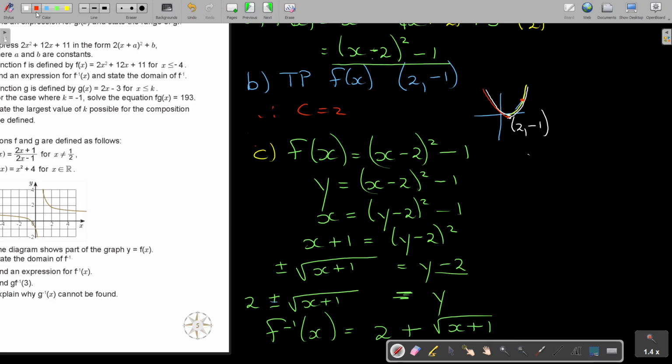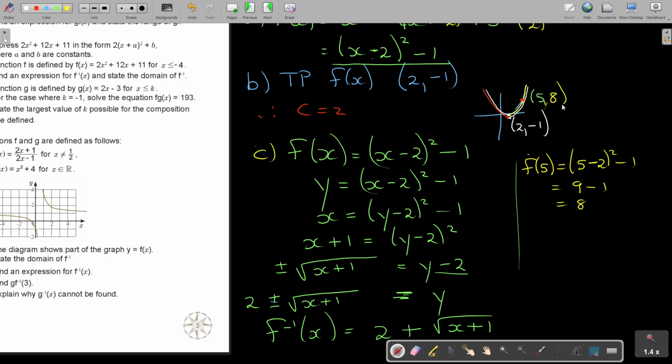I'll use another color. If I say f(5), let's find the y value first: 5 minus 2 squared minus 1, so that is 9 minus 1, and that's 8. So I can see that the point is (5, 8).